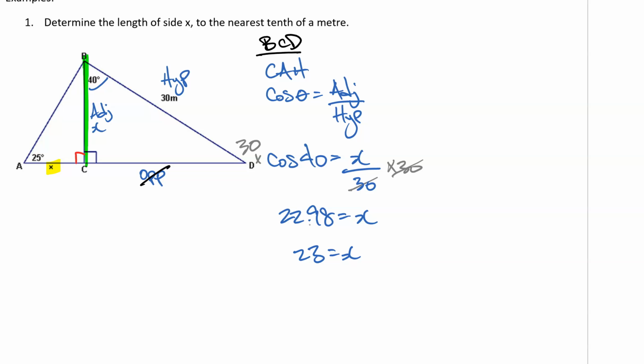That's our connector, which is in green right there. And I know that's 23, so we can now write that as 23 right here.